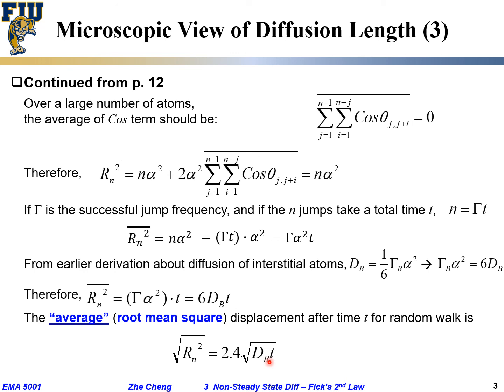It is going to be some distance away from its original location. And how far away depends on time t and the diffusion coefficient. The longer you wait, the further it wanders away. The faster the diffusion coefficient, the further away it is.